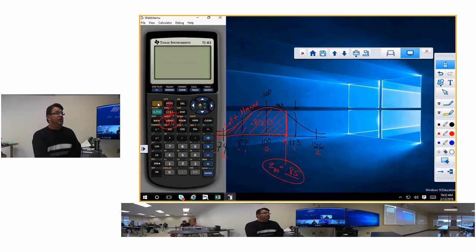Second, bars, and go down to 3. Hit enter and type in 0.8000.